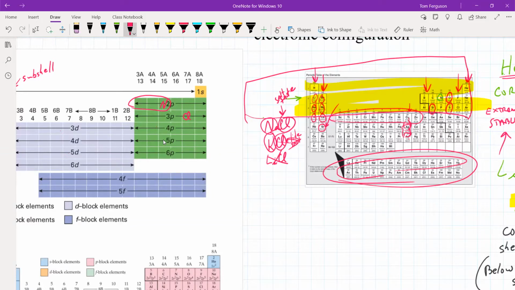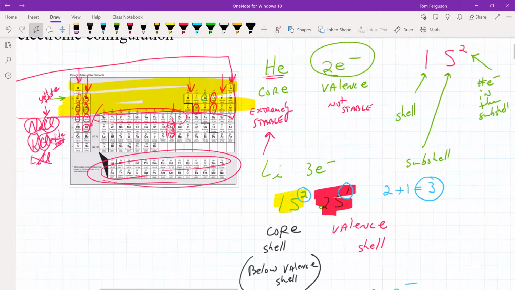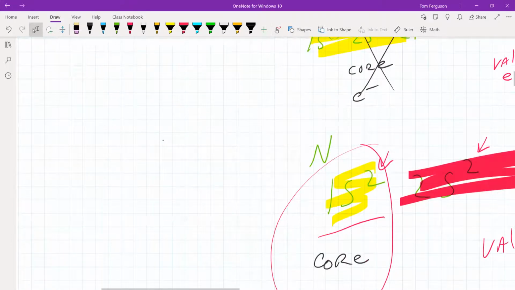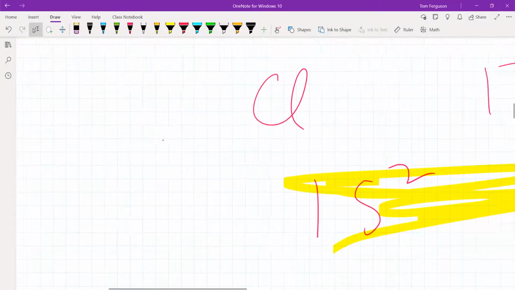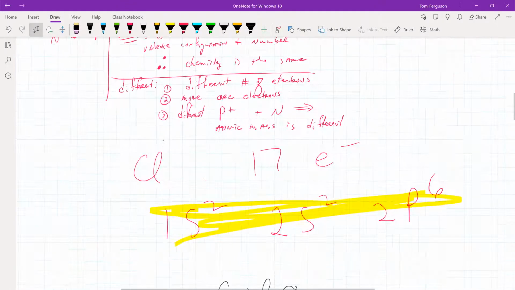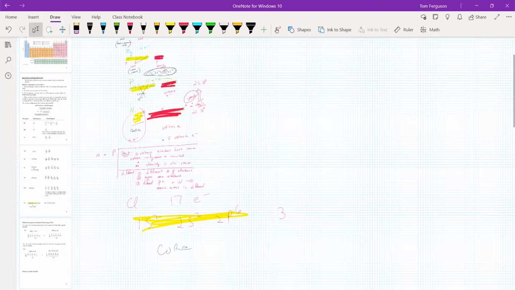That's where chlorine's located. So it's in the 3p subshell. So it also has 3s electrons.